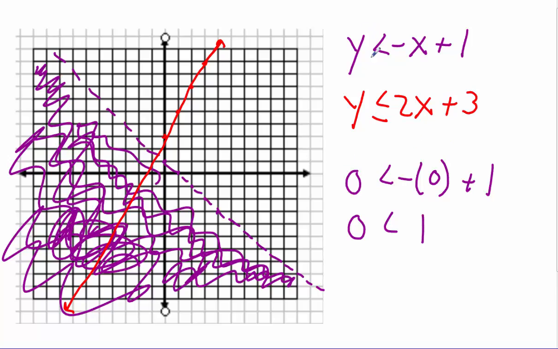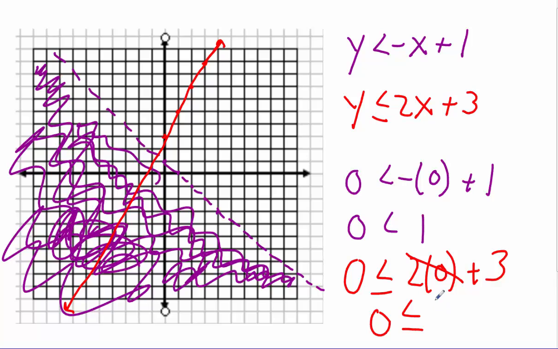Just like when we graphed the purple one, we need to find out, are we going to shade to the left or to the right? Again, we need to find a test point. The easiest test point is 0, 0. Does our line go through 0, 0? The answer is no, so we can use that as our test point. Substitute 0 in for x and y: 0 is less than or equal to 2 times 0 plus 3. It's going to cancel, and we have 0 is less than or equal to 3.